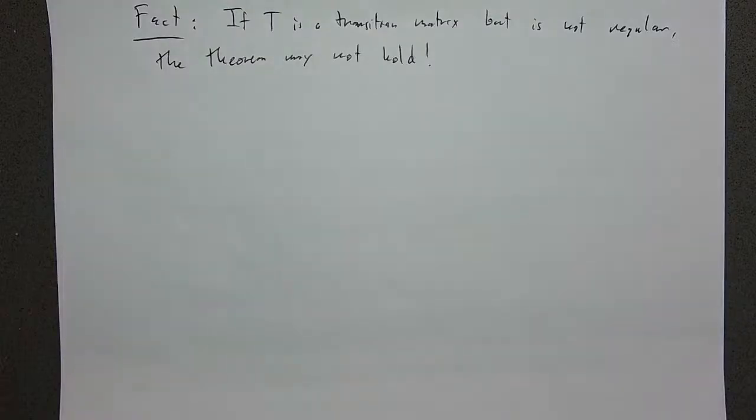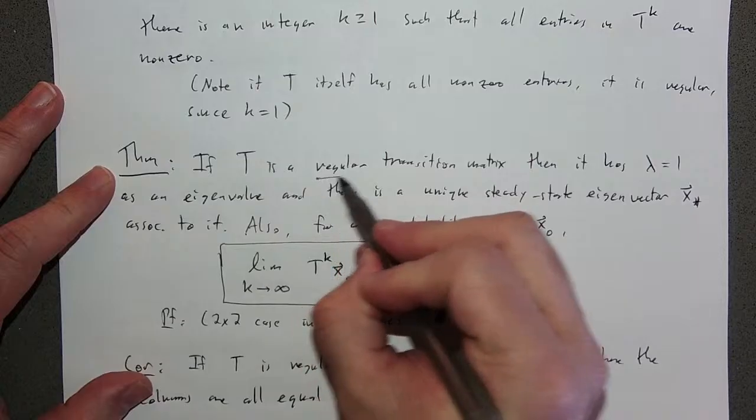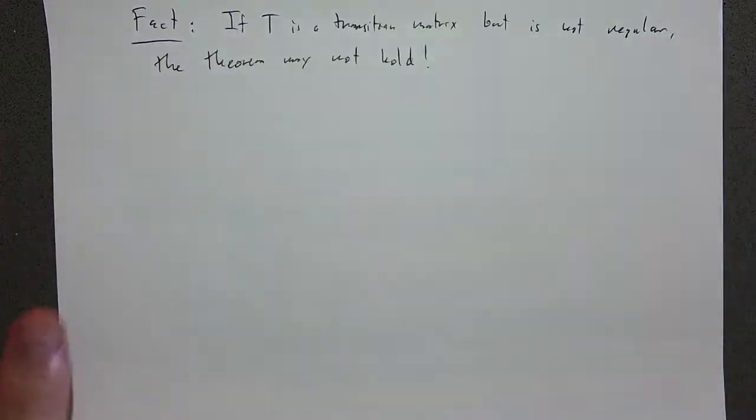There's no guarantee the theorem holds if this is not regular. It might, but no guarantee, so the theorem might fail. The theorem only applies for a regular transition matrix, so let me put the theorem back on the screen. If T is a regular transition matrix, this is the main assumption being made. So that is important.